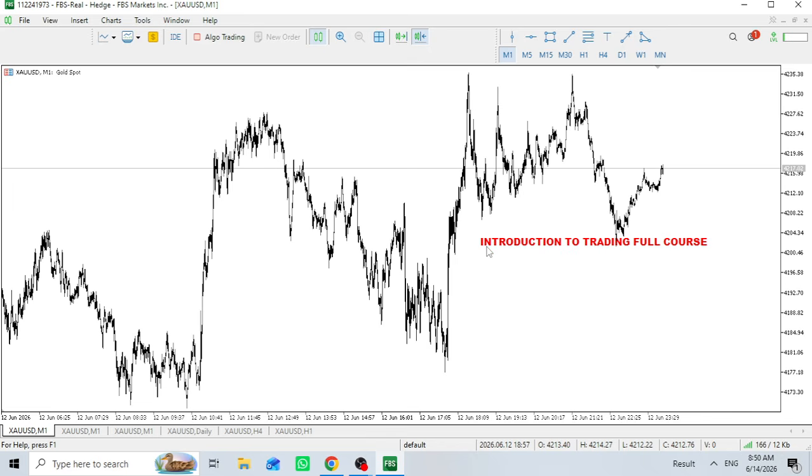Why? Because for you to have direct access to the market liquidity, you have to have a certain amount of money. There is a limit you should have for you to gain access to the real liquidity in the market.